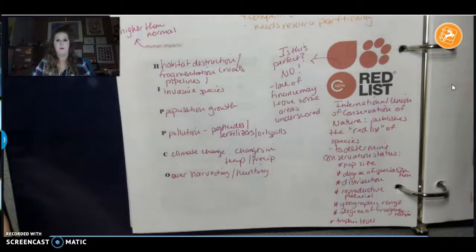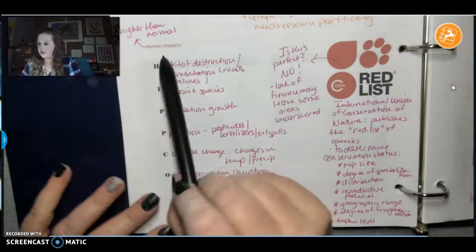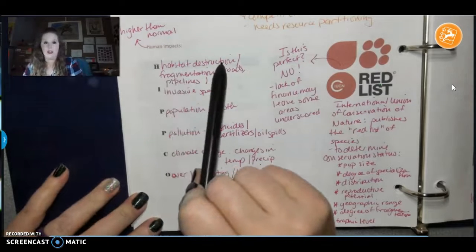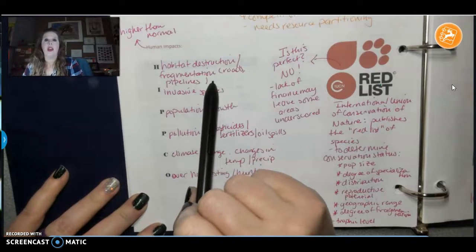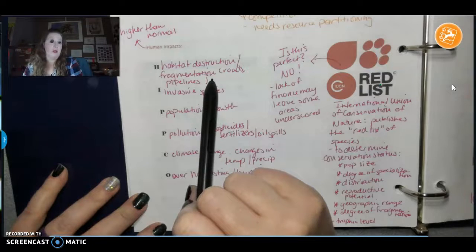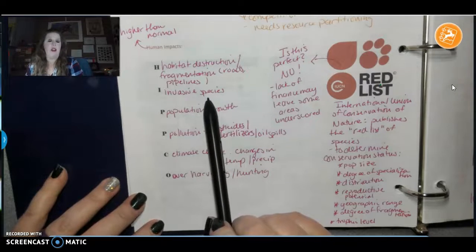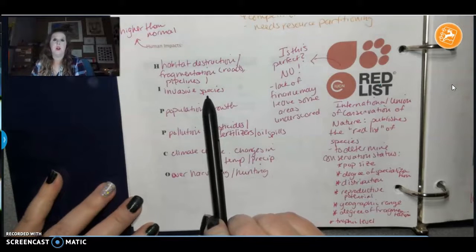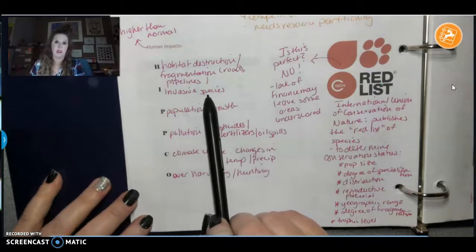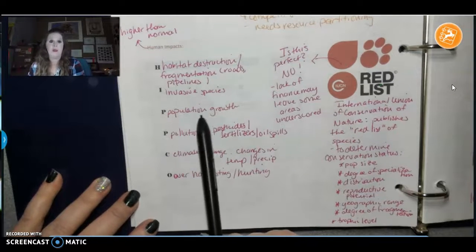Okay, so we look at habitat destruction. So we're looking at when pieces of land get fragmented because we build roads or pipelines. Invasive species, so species that are not normally supposed to be there, they do cause a huge impact on the native species. P is for population growth.